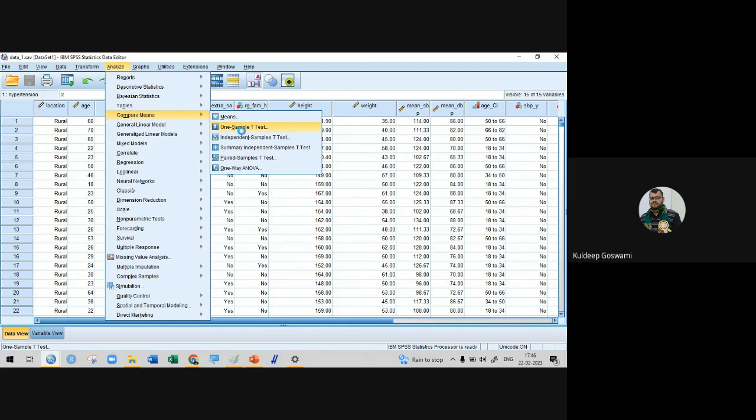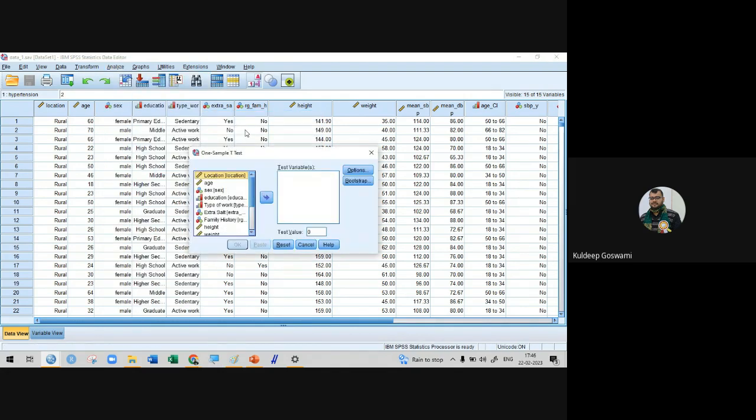Click on that. Say I want to check the age. Oh, sorry. I want to check the mean systolic blood pressure, whether there is any change in mean systolic blood pressure or not.